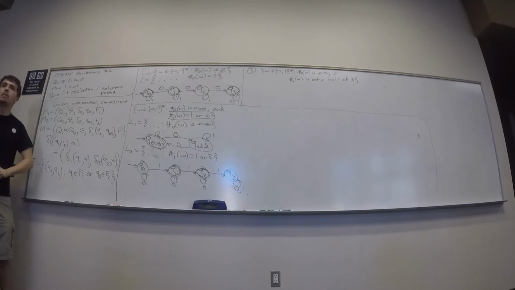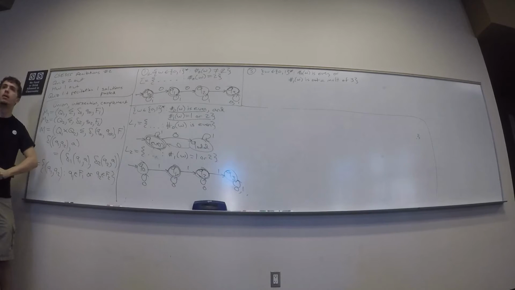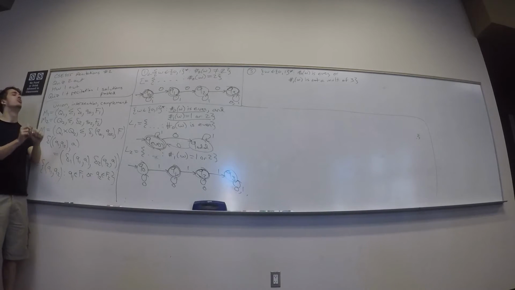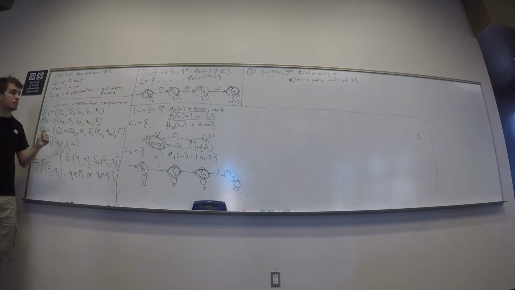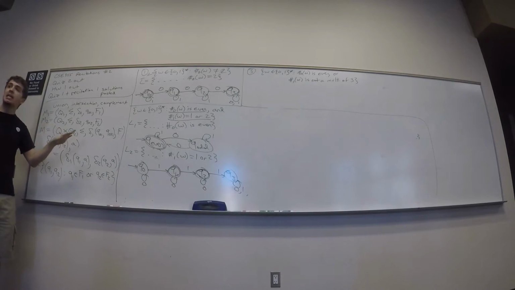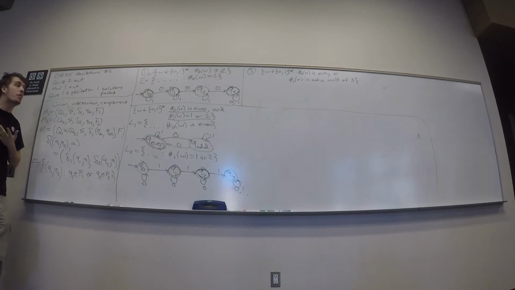Am I done with this problem? Oh, wait, what have I forgotten? Oh, shoot, the whole product construction. So let's figure out how we're going to accomplish this. How many states is the product DFA going to have? 8. And how do you know that?